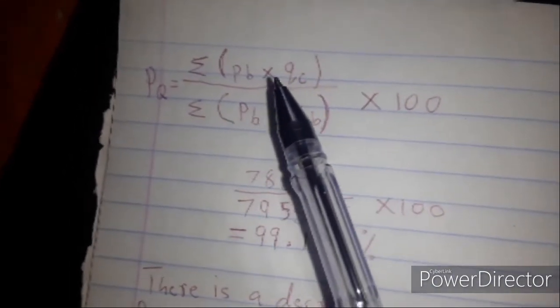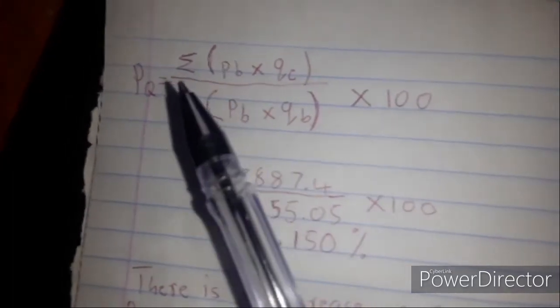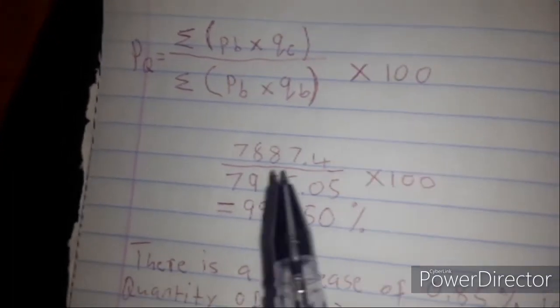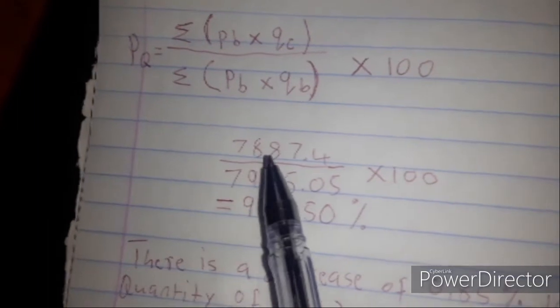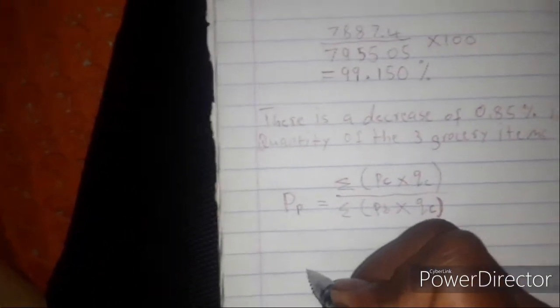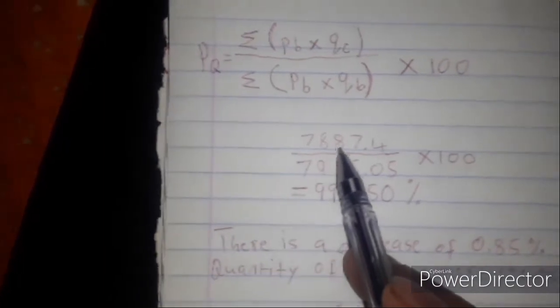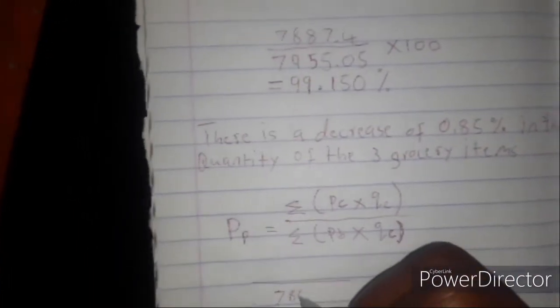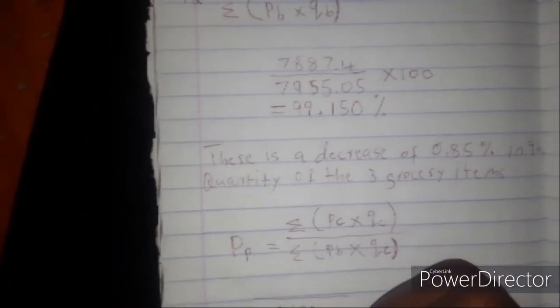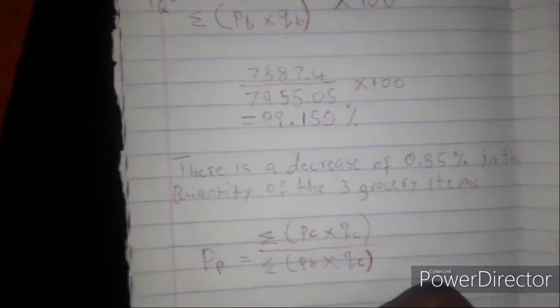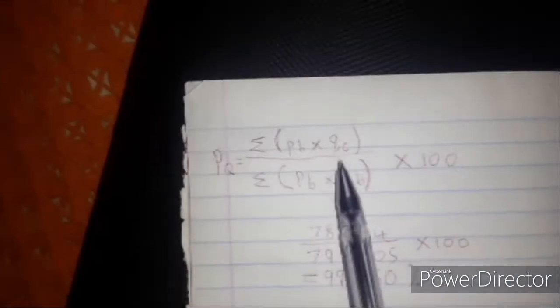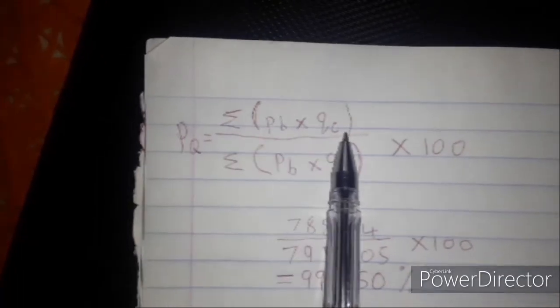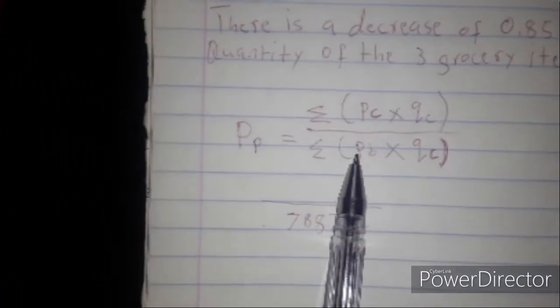Now, as far as I can tell, PB times QC, we already have them, but here it is on the bottom of the formula. So the total or the sum of PB times QC was 7,887.4. So in the bottom of our formula, we have 7,887.4, because that is PB times QC.